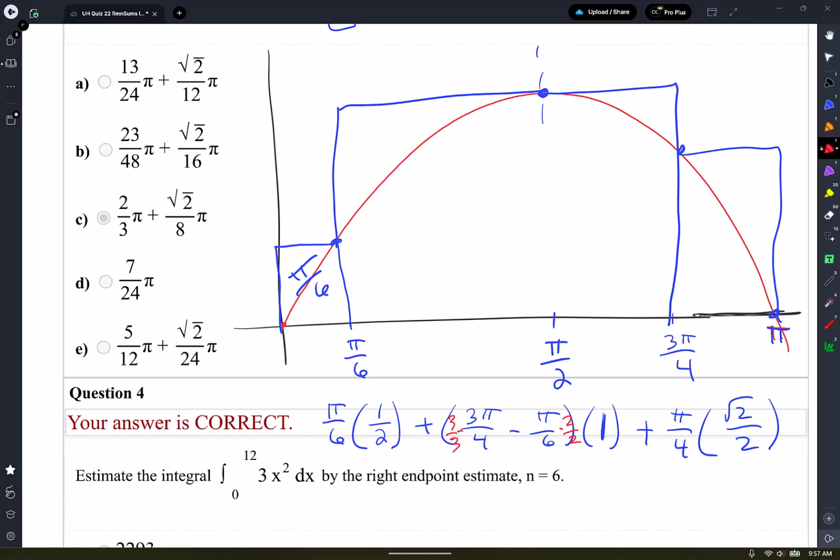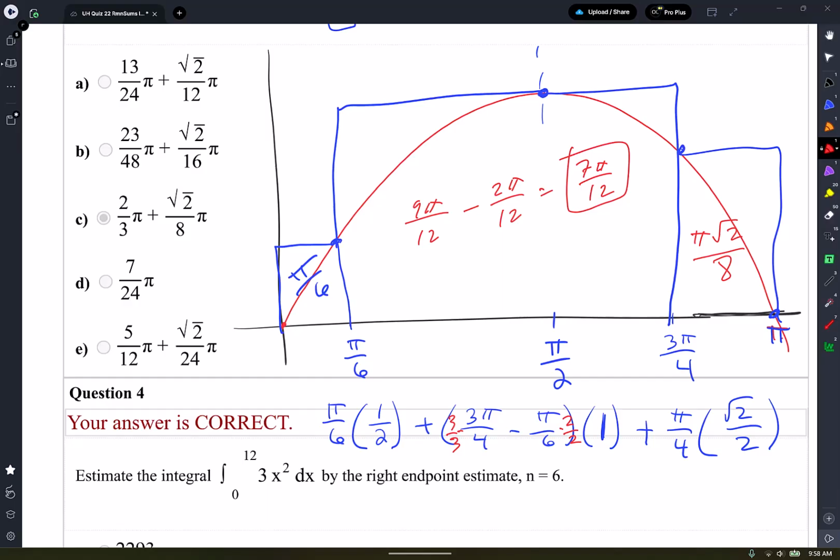Yes, because width times height. 9 pi over 12 minus 2 pi over 12. So I see 7 pi over 12. Now, I make mistakes all the time, so make sure everything looks good. 7 pi over 12 times 1 is just 7 pi over 12. Yes or no? Yes. So that's the area of that rectangle. And then this one is, let's see, pi in the front, square root of 2 over 8.